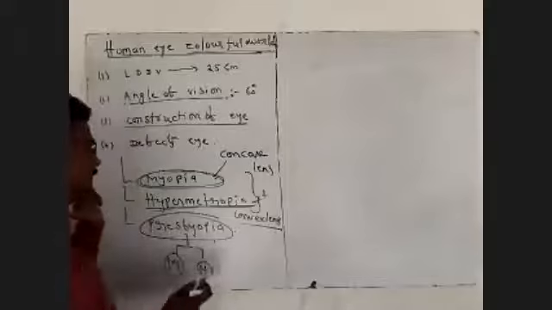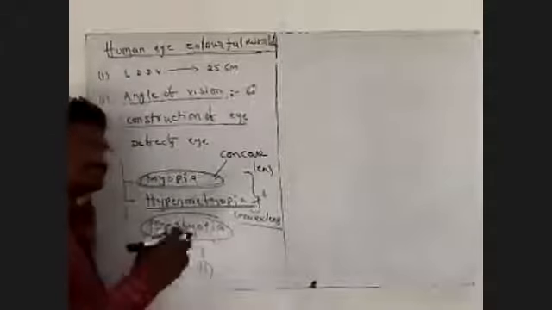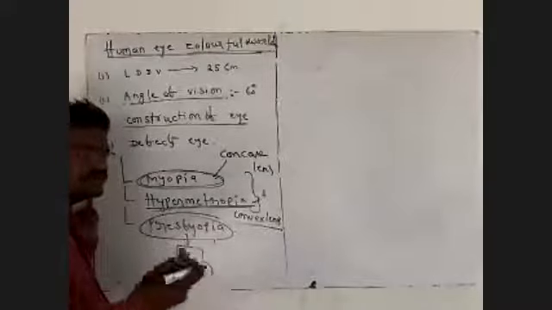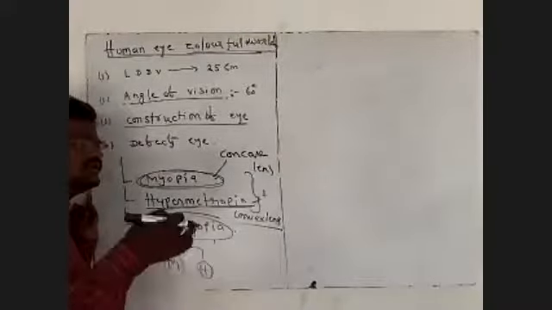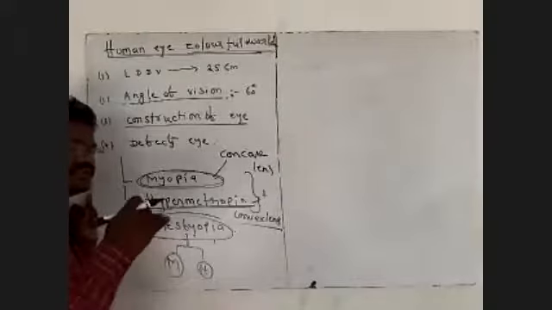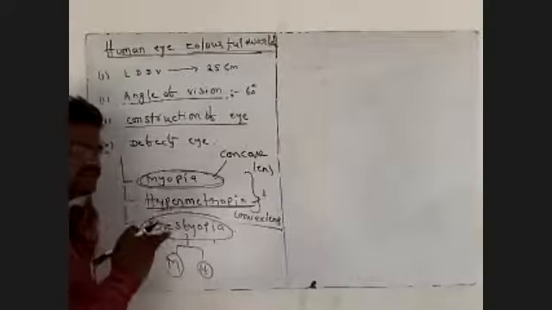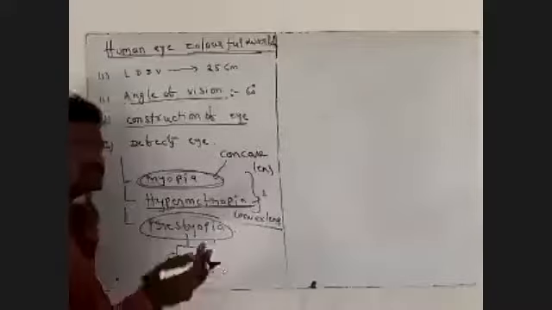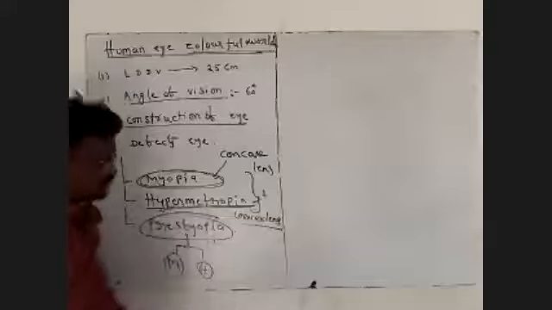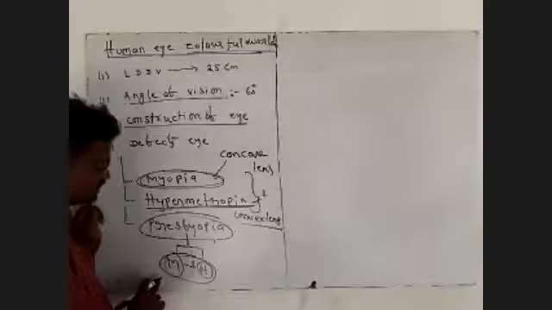This is presbyopia, maybe chances. Suppose, for example, a person who had myopia at 30 years may get hypermetropia by 40 years. This is a combination, presbyopia.